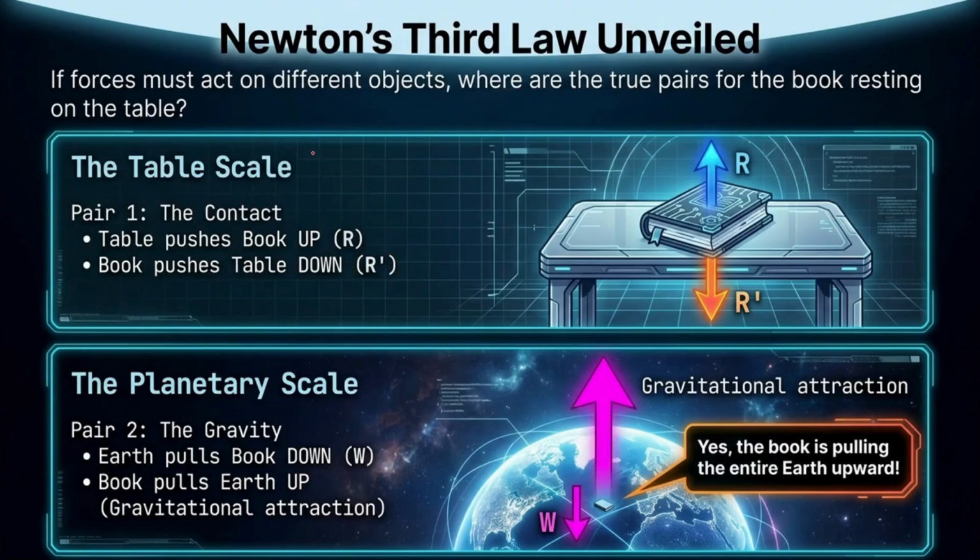Consider the second situation, where gravity is considered. Due to gravity, the Earth pulls the book down, vertically downward, which you can say is W. At the same time, the book also pushes the Earth up, let's suppose R, and W should be equal to R. But some students might get confused because the Earth is stationary.